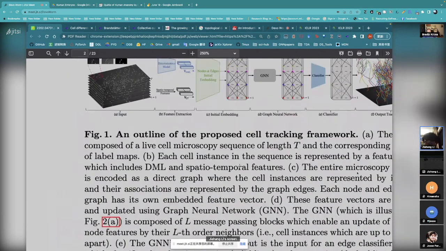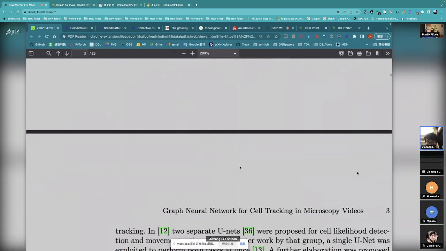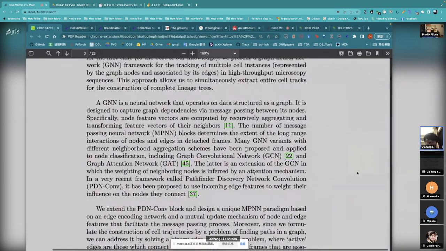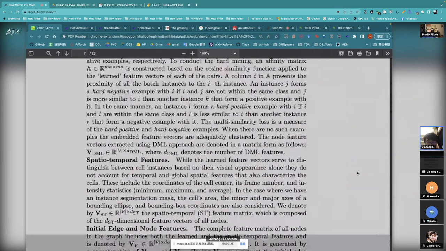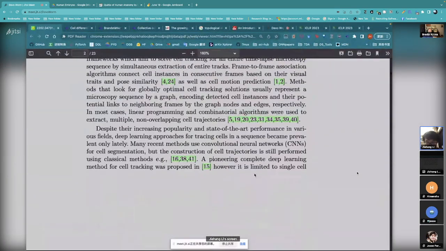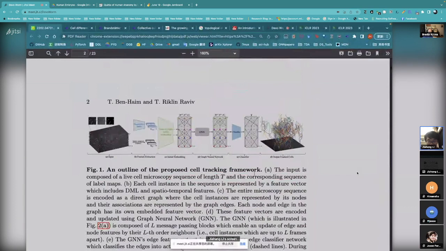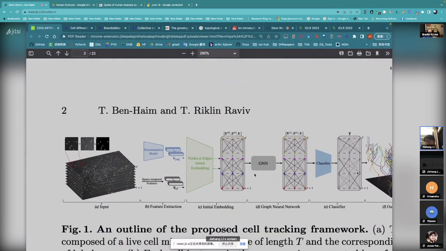I'm not sure if there is any picture in this paper that can illustrate my idea at the moment. Maybe not. So let's go back to the same picture. It's a very intuitive way to build a directed graph. For example, for a frame, you have a lot of cells.